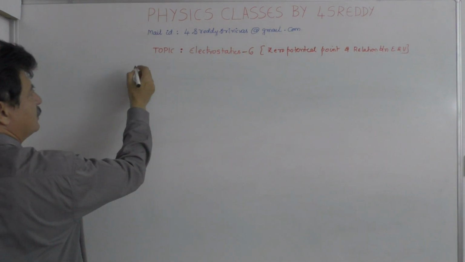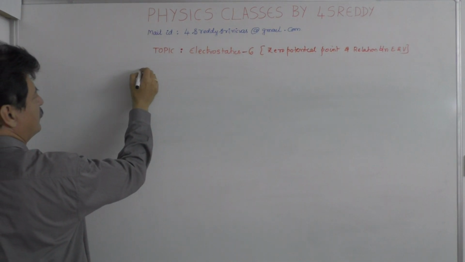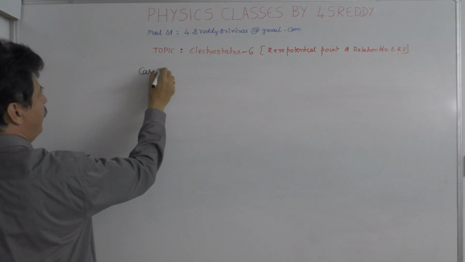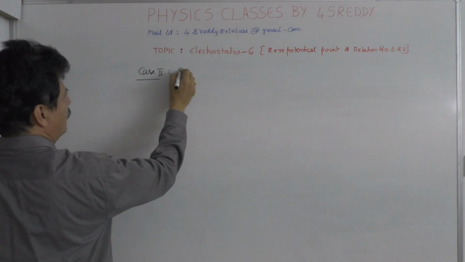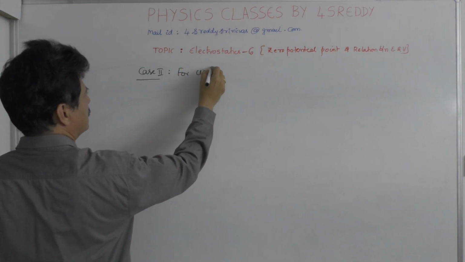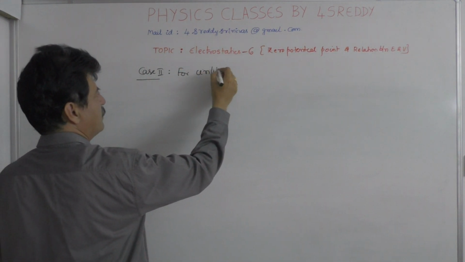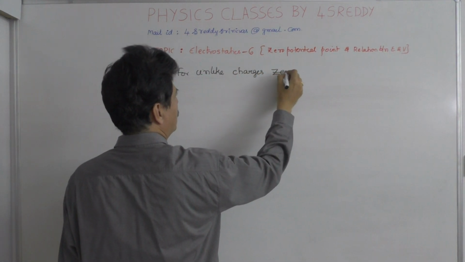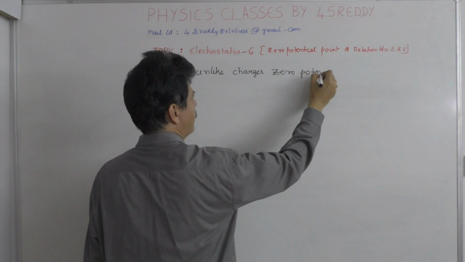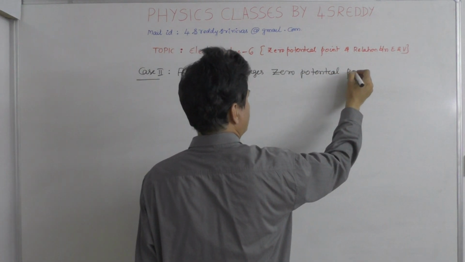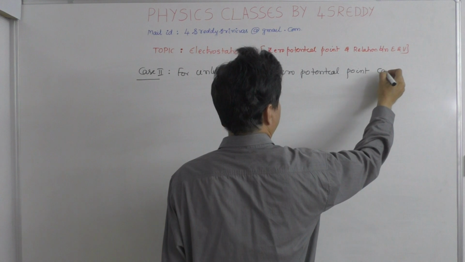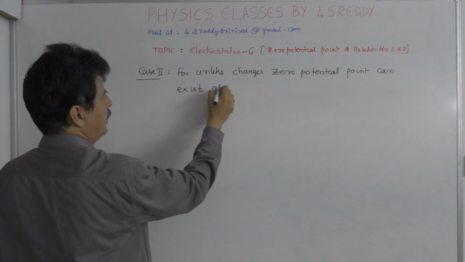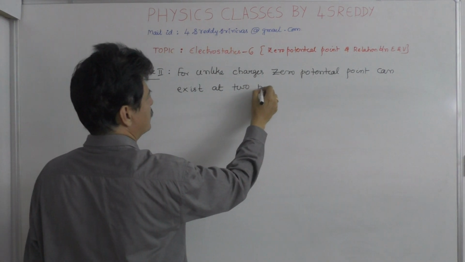Next one is case 2. For unlike charges, zero potential point can exist at 2 points.